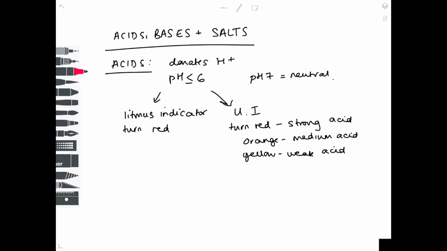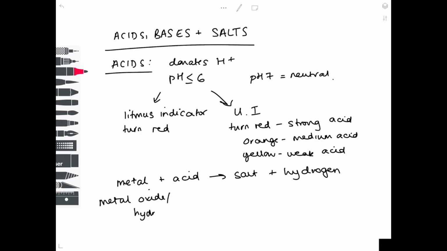You need to be very clear on the reactions, which I'm going to go into in more detail, but just to summarise here, if you have a metal and an acid, you produce a salt and hydrogen. I promise I'll show you examples including actual metals. If you have either a metal oxide or hydroxide plus an acid, you produce a salt plus water.